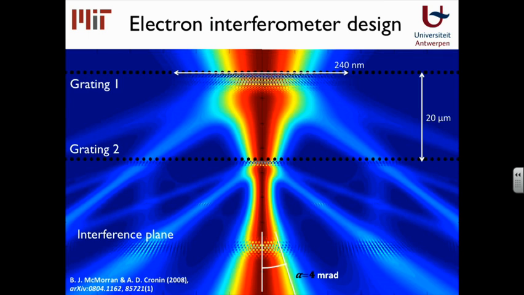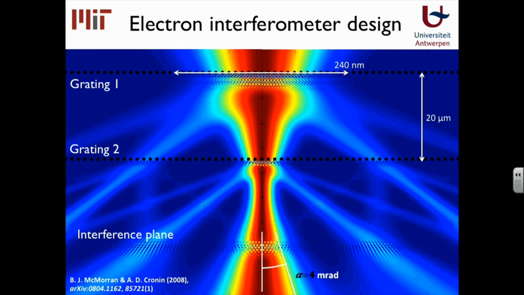All right, so when we do insert it into a TEM, what would we expect to see? Well, here's a simulation of electron diffraction from such a two-grating structure. The gratings in this simulation are separated by about 20 microns, and the beam parameters that we used, a beam diameter of about 240 nanometers and a beam convergence angle of about 4 milliradians, are about the same as in our experiments.